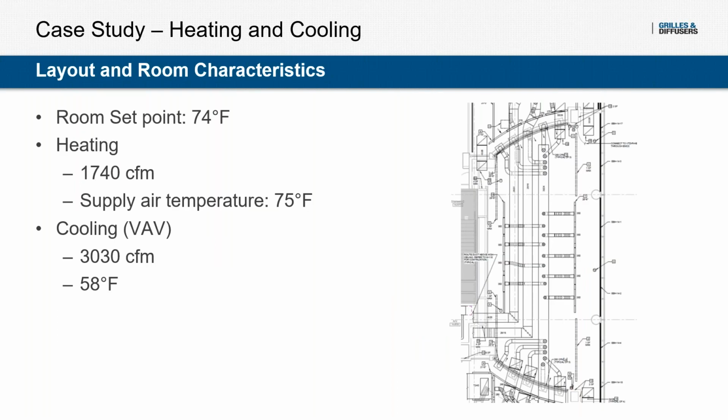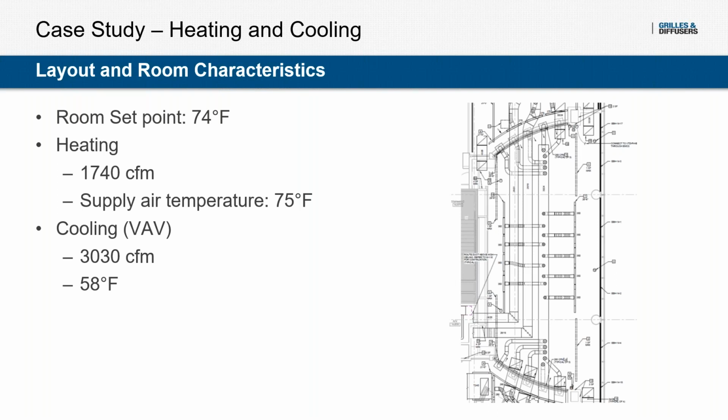So just getting an idea of the layout of this boardroom and the characteristics of this job. We had a room set point temperature of 74 degrees Fahrenheit. In heating, we had about 1,700 CFM at 75 degrees Fahrenheit.